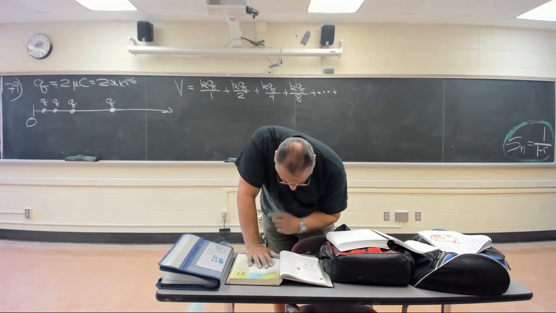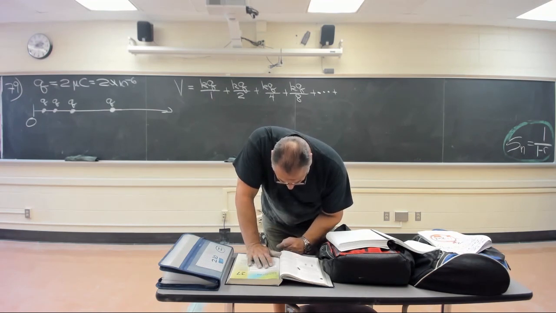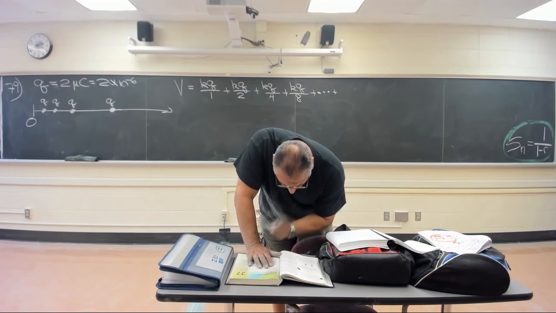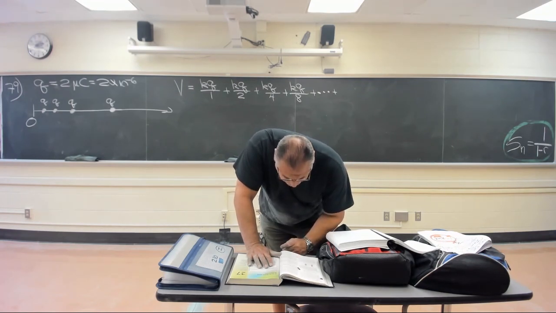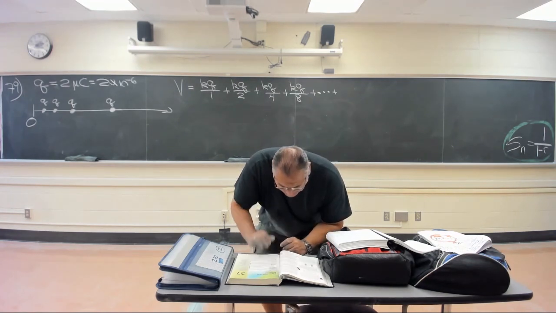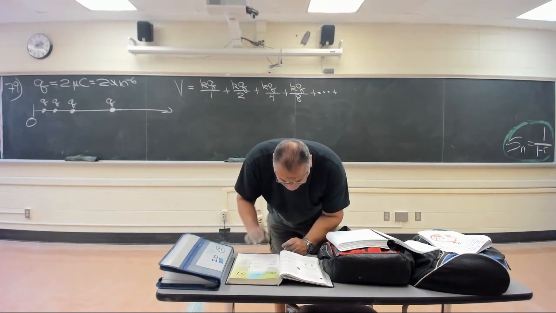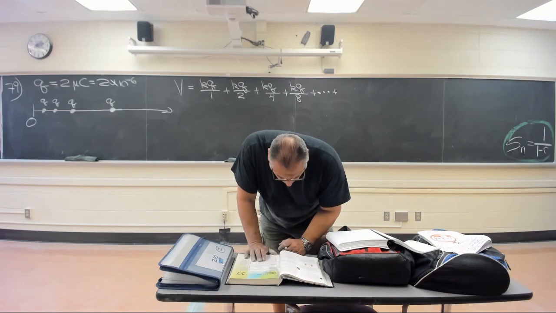Once again, the same locations, guys: x equals 1 meter, x equals 2 meters, x equals 4 meters, x equals 8 meters, and so on, as shown in the figure. What will be the electric potential at x equals 0 if the consecutive charges have alternating signs? Hint: use the mathematical formula for the geometric series.